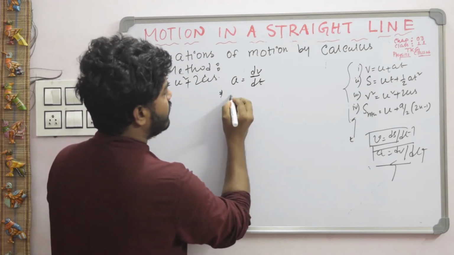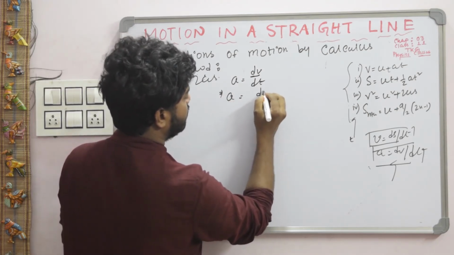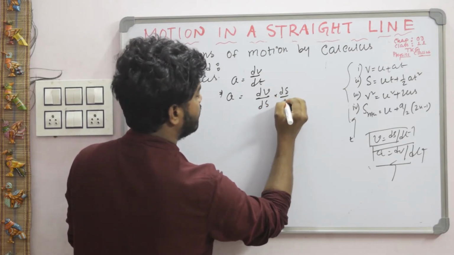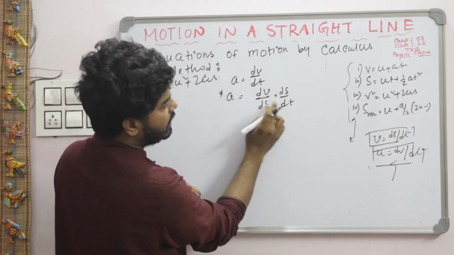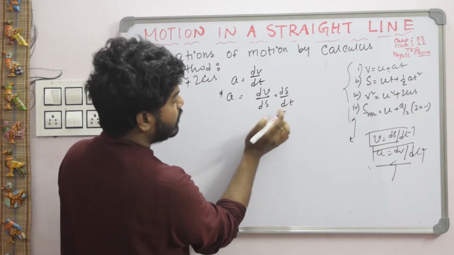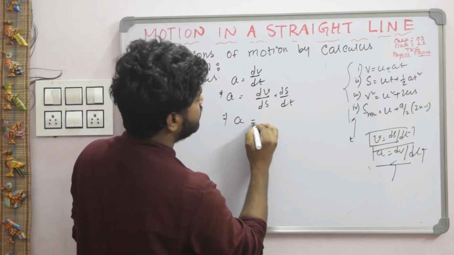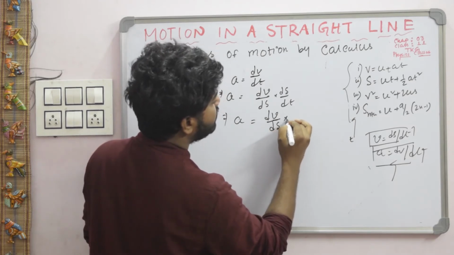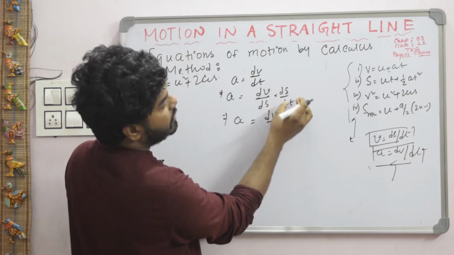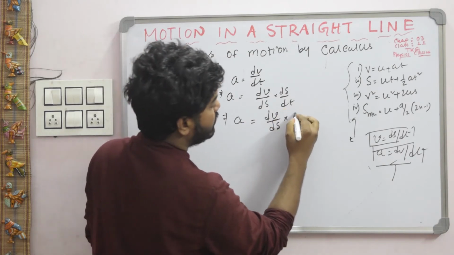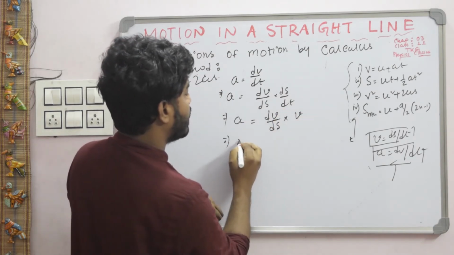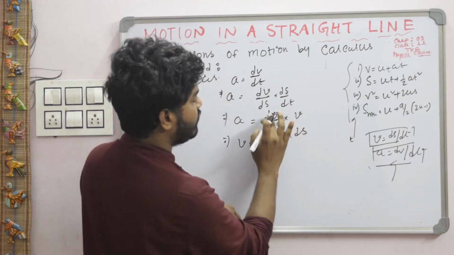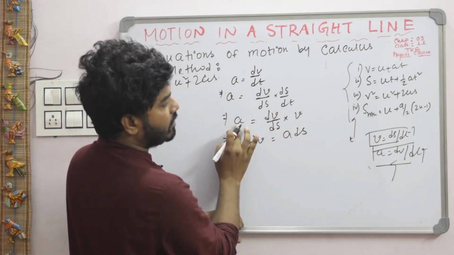Now if I write this as dv by ds into ds by dt, ds cancels out, that means dv by dt. Okay, so a is equal to dv by ds into ds by dt, and this ds by dt, that is change in displacement by time interval, is represented by v. So this becomes v dv is equal to a ds. v dv is equal to a ds.